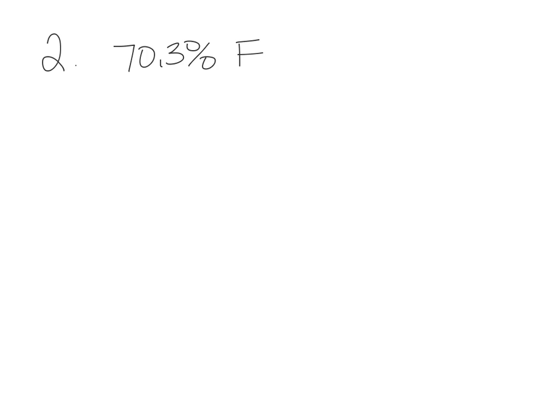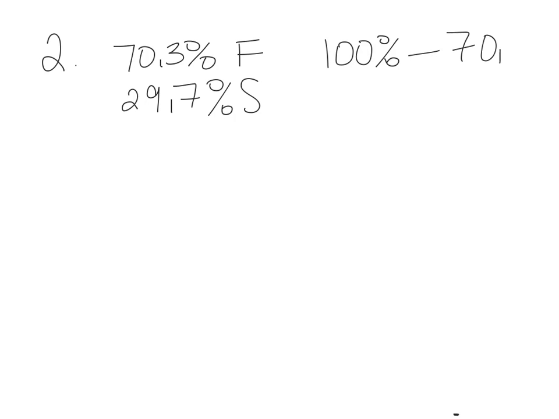Put sulfur and fluorine. How much sulfur do you have? 29.7% sulfur. Okay, Isabel, do you know how we got that number? 100% is total, minus 70.3, 29.7.